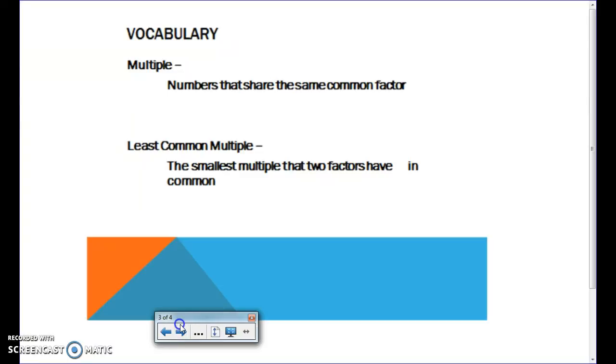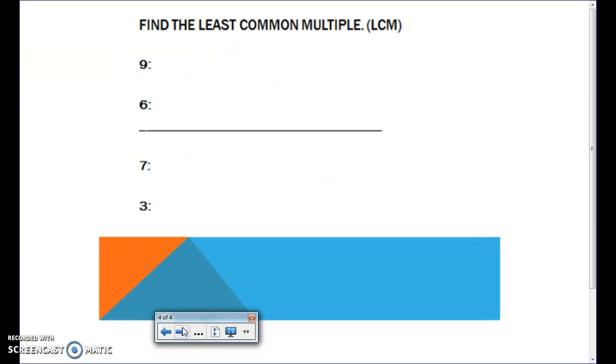What we're going to do today is write down the list of all the multiples for each number, and find the one that is the smallest. When you really break down the words least common multiple, it's pretty self-explanatory. Least means smallest. Common means the ones they have the same. And multiple is just any number multiplied by the factor.